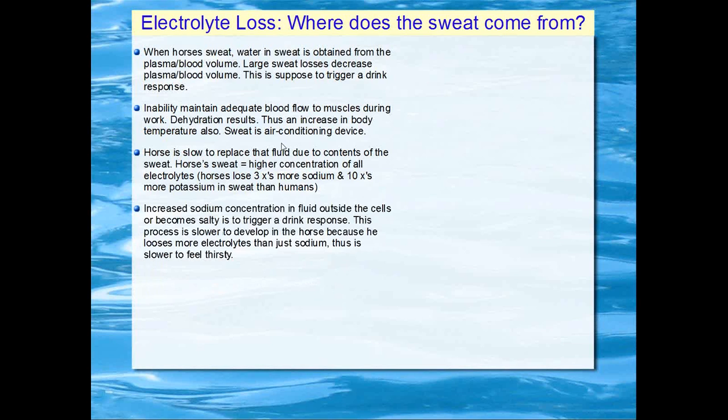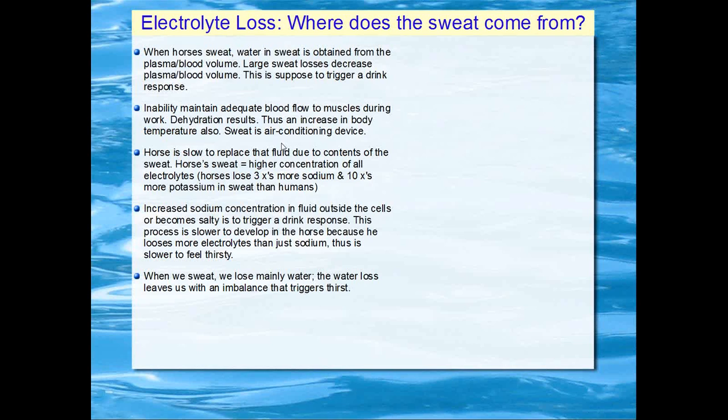So when we get dehydrated, the sodium concentration outside the cells becomes saltier, so to speak, and this is another way a horse is supposed to get the urge to take a drink. This process is slower to develop in a horse because not only do they lose sodium, but they lose a balance of all those other electrolytes, so that response to drink is slow for some horses, or sometimes if they're competing, it just may shut off altogether.